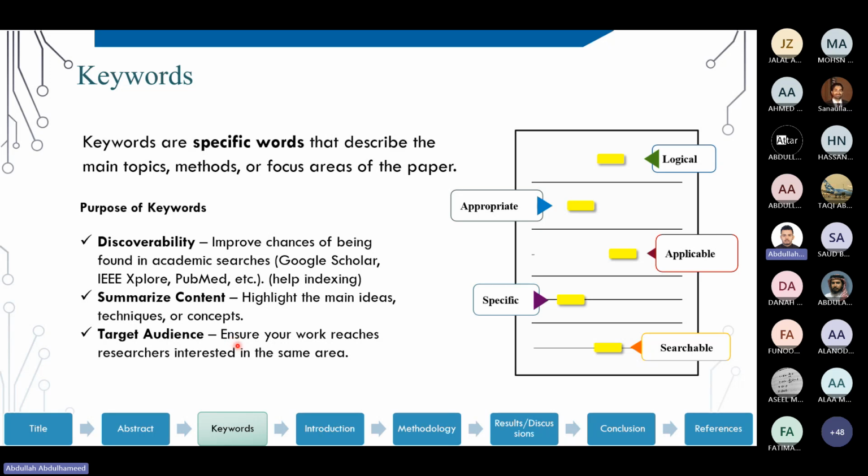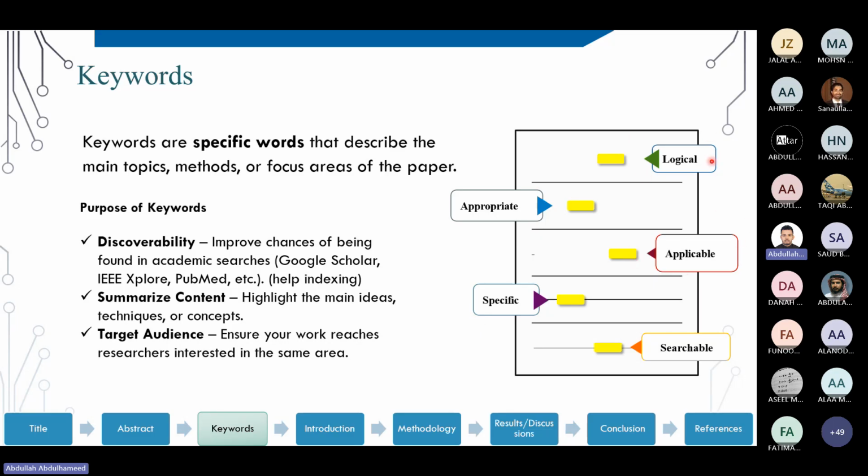If you are from electronics, also try to use keywords that are relevant to your research area, because people from that discipline can easily find your article when they search for it. So this is the importance of choosing the appropriate keywords. Also, it makes them more specific. Try to avoid very general keywords. Applicable means they are related to your research.